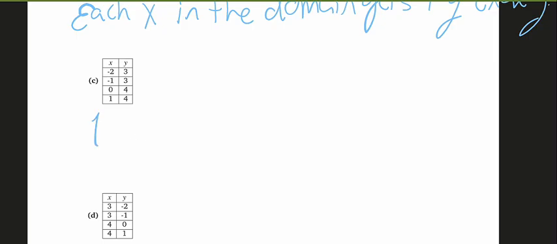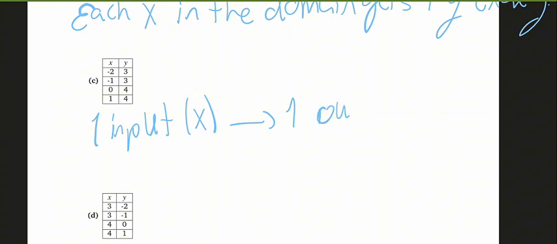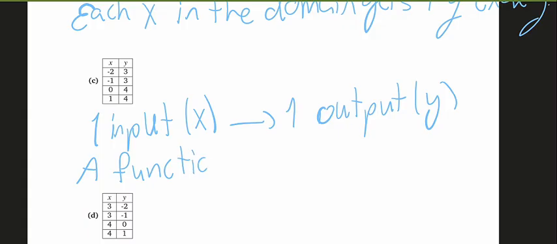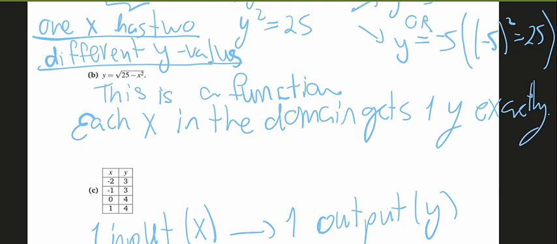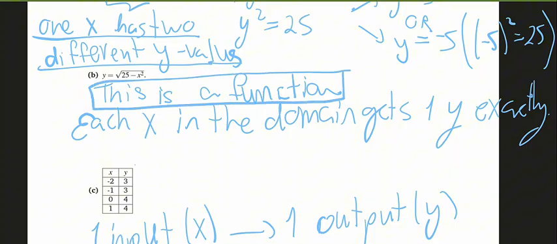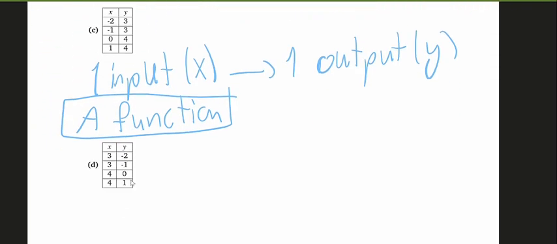So, one input x, one output y. So, a function. Good. This is a function. Let me just highlight this from the previous example. It's good practice to put your final answer in a box. Not necessary, but just good practice.